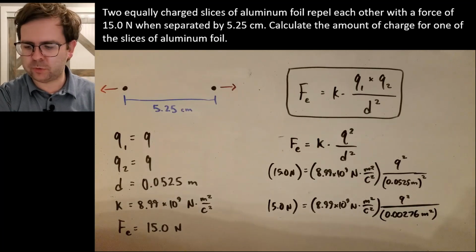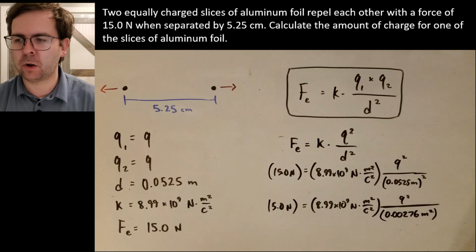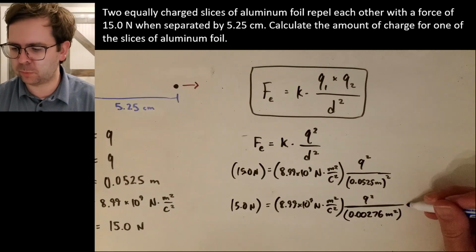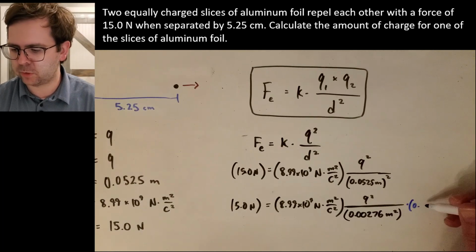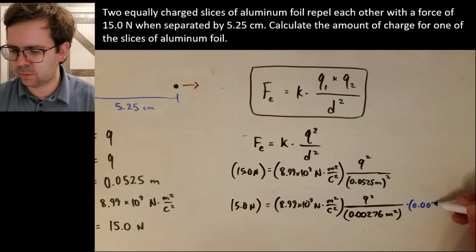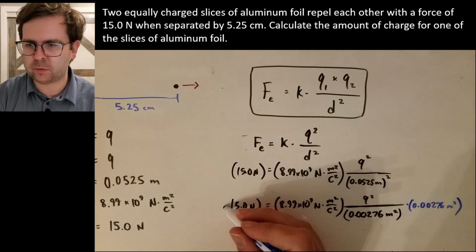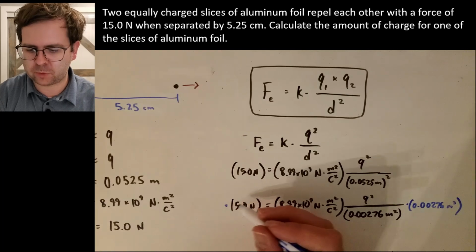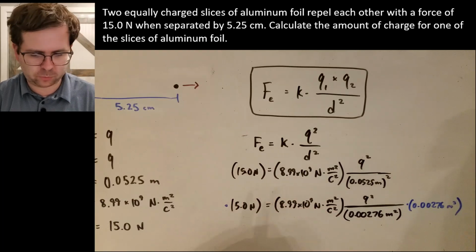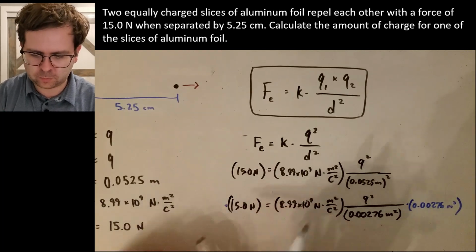So now we need to get rid of the denominator, undo the division here. So we're going to multiply both sides by this denominator. It's going to look like this. We're going to do that to the other side of the equation as well. Oh, I'm missing a parentheses sign there. Oops.